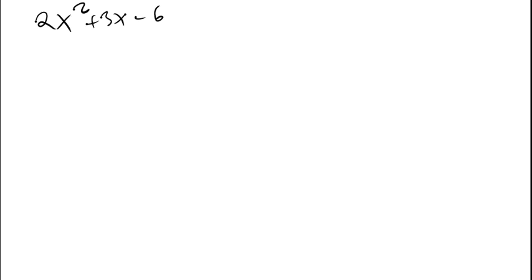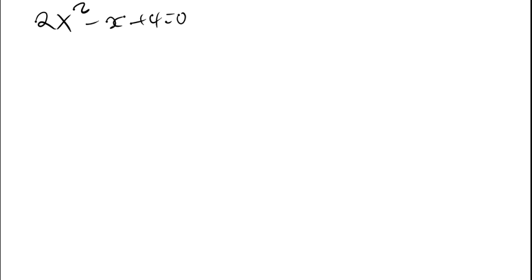Minus 6 is equal to 0. The question is, the roots of the quadratic equation 2x squared plus 3x minus 6 is equal to alpha and beta. Find the value. No, sorry, this is not the question. It is 2x squared minus x plus 4 is equal to 0. Now let me read the question.